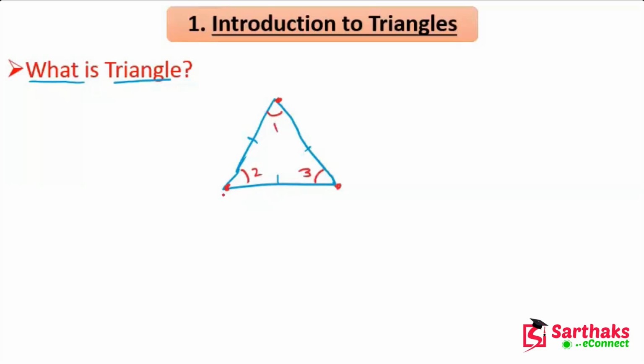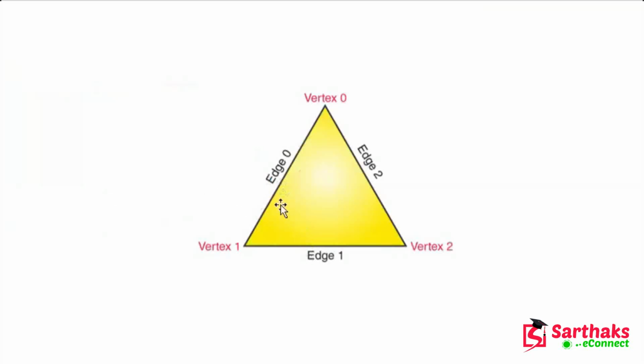Let's suppose we have edge 1, edge 2 and edge 3, and this is vertex 1, vertex 2 and vertex 3. These are the edges and vertices of this triangle.